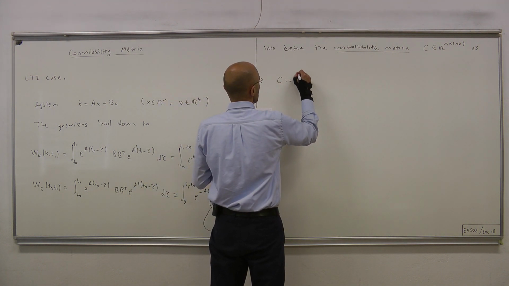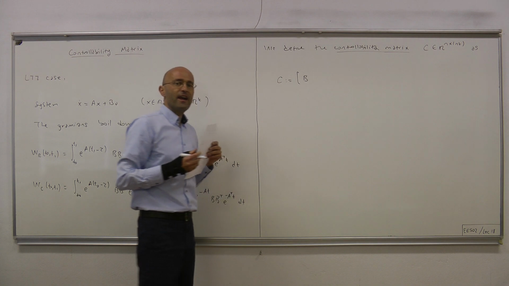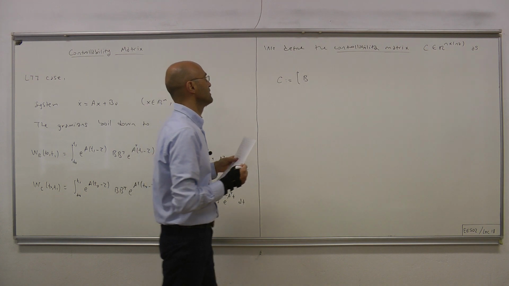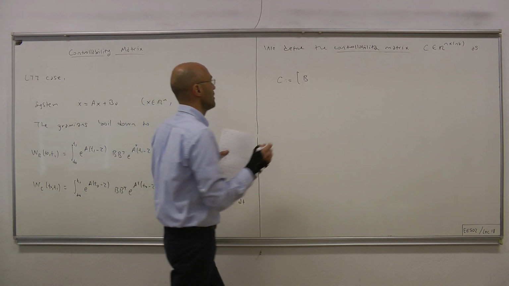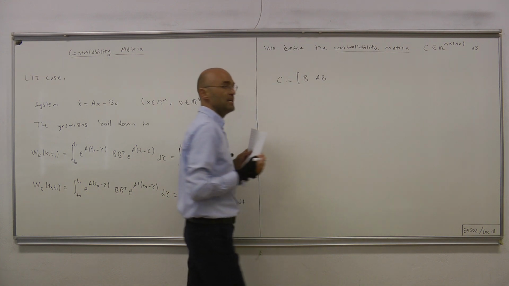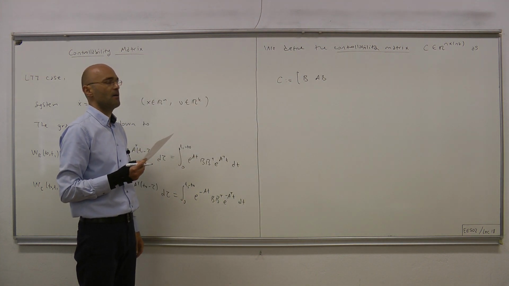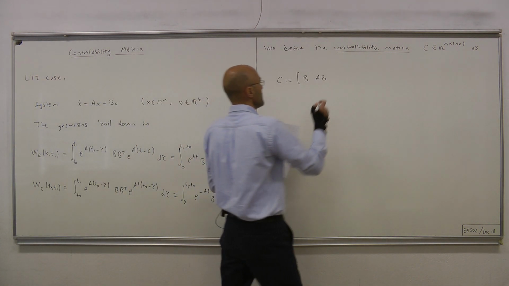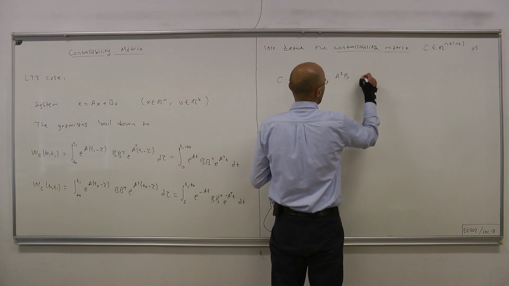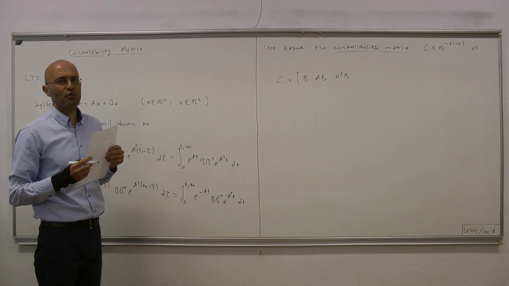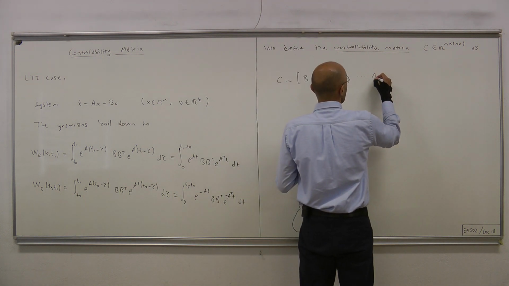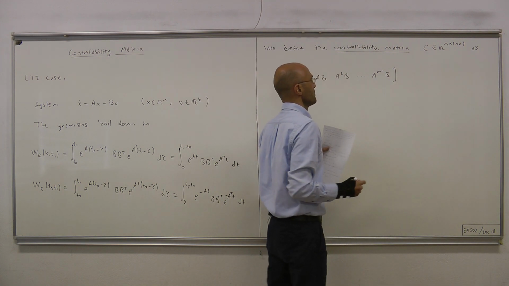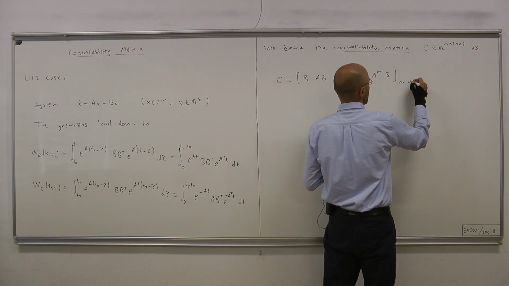C is constructed as follows: the first k columns are the columns of the B matrix, then the next k columns are the columns of AB, and then the next k columns are the columns of A squared B, and so on, until the (n minus 1)th power of A, A^(n-1) B. So this is an n by nk matrix.